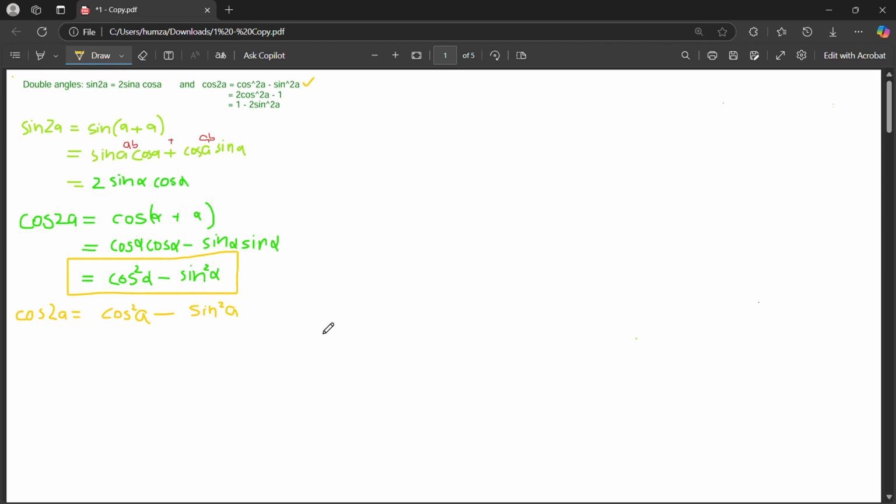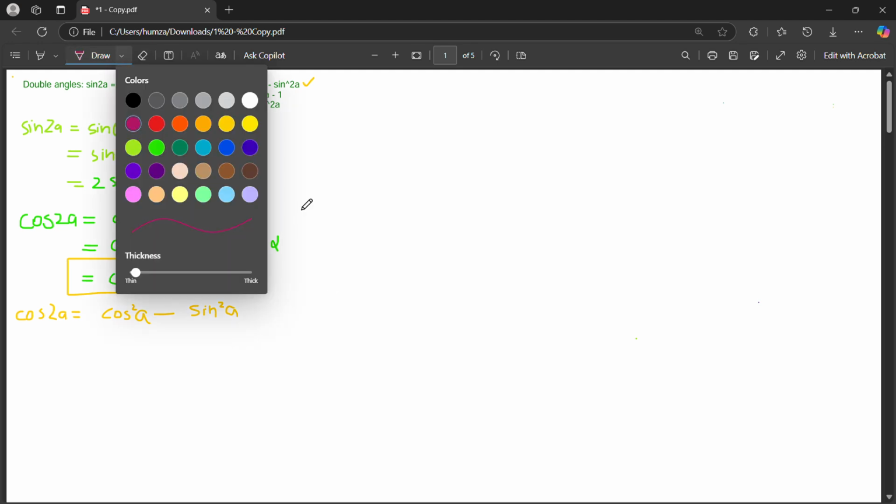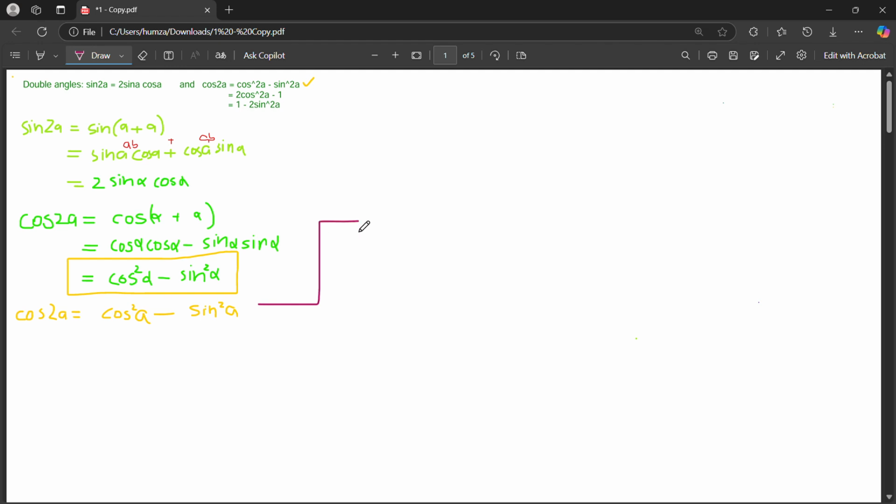Now before we move on, from grade 11 we did the squares identity, which says that sin squared alpha plus cos squared alpha is equal to 1.